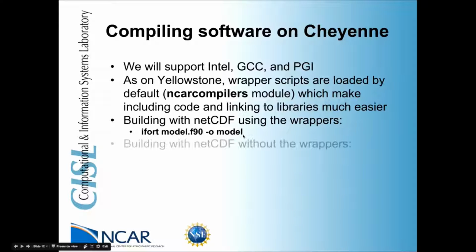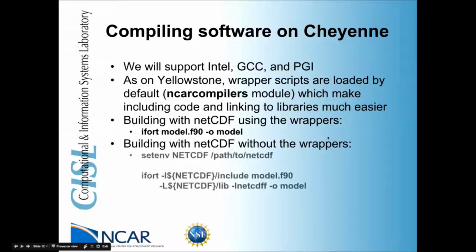Now, if I don't have the wrappers loaded, then I don't have to set this NetCDF variable. That's just a convenience variable, but I need to know where the path to the NetCDF build is. And then I'd have to include the headers. So NetCDF/include with a -I, specify my code, specify where the libraries are, so that would be in the lib folder.